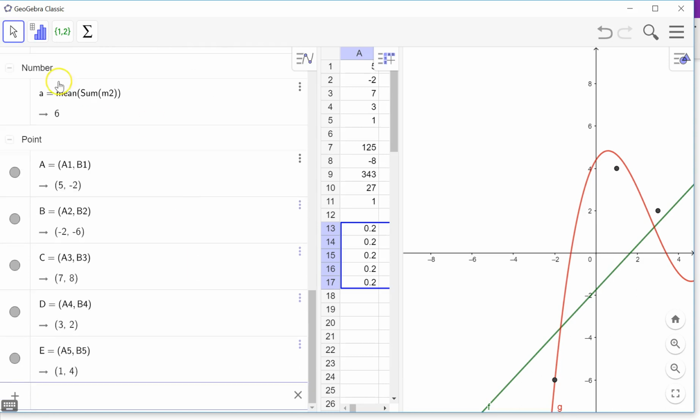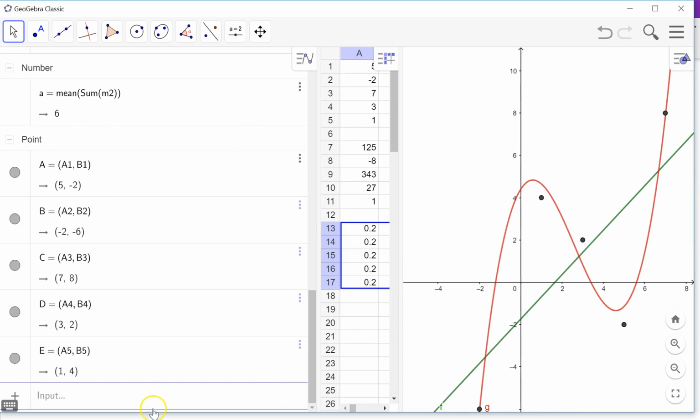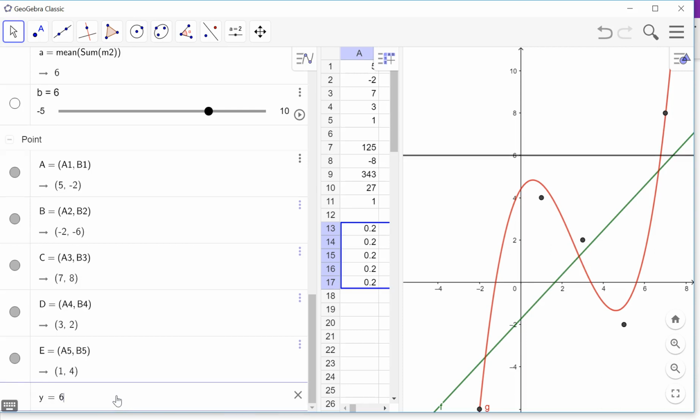All right. So the mean is 6. So if I just plot, oops. Okay, y equals 6. There we go.